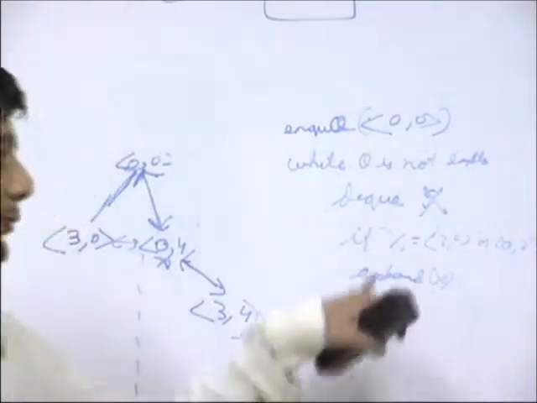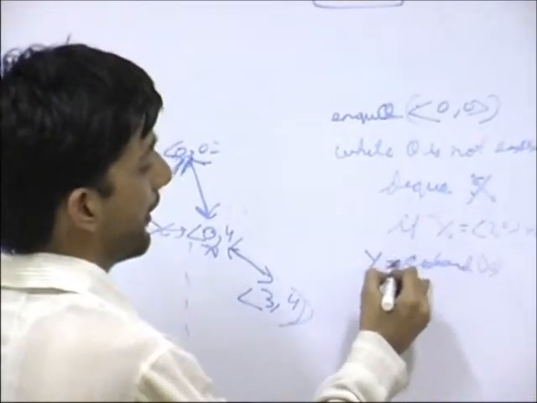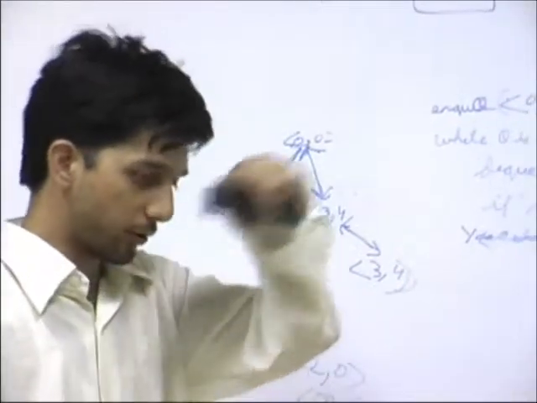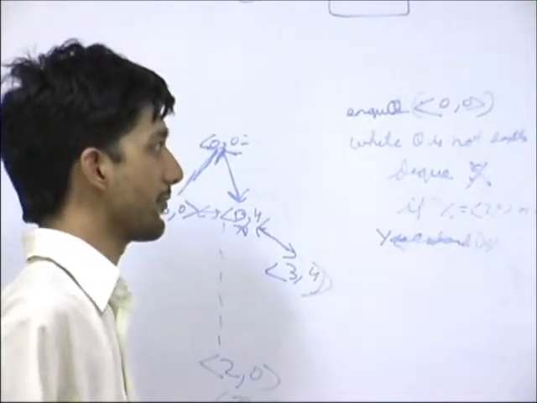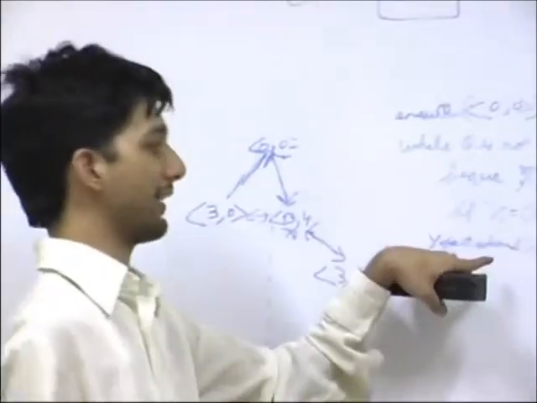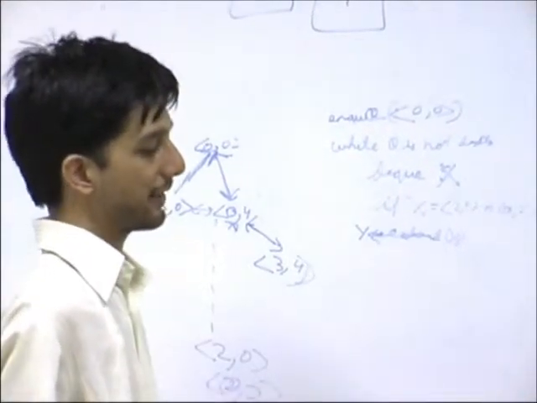In expansion, you will get a collection of states, let's say y, and again you check whether y has already been expanded or not, that is, whether y is in the closed list or not. This queue is basically an open list, and you make a closed list. If it is in the open list or the closed list, do nothing.